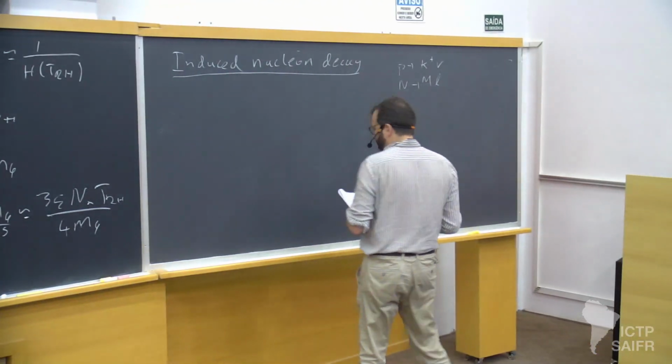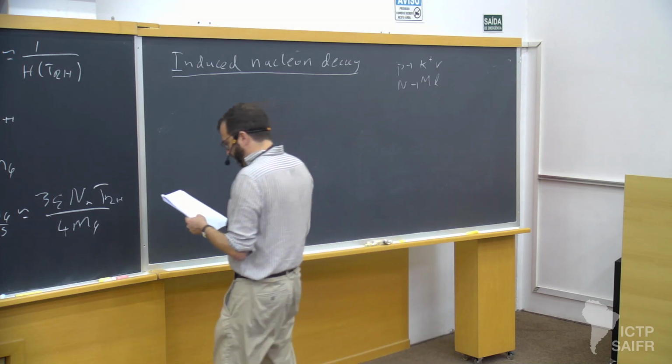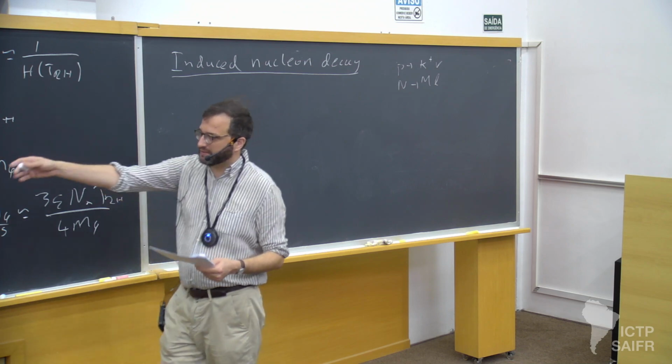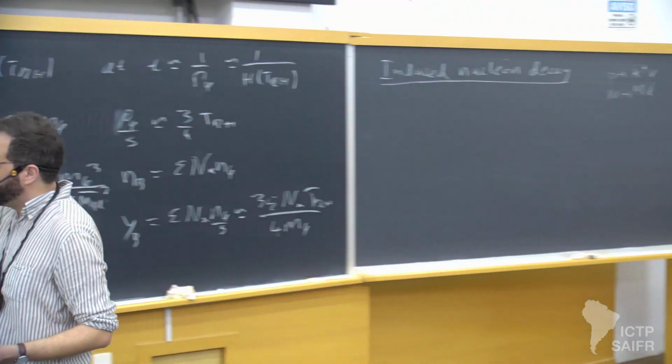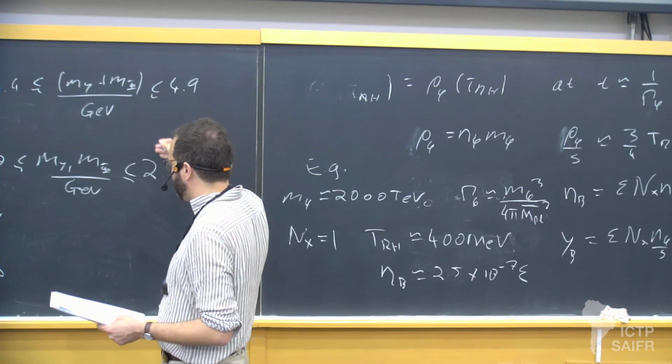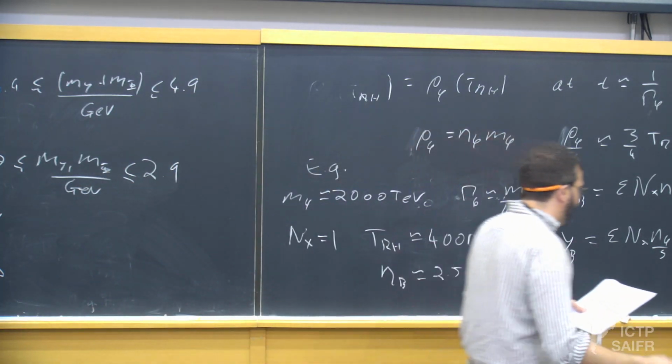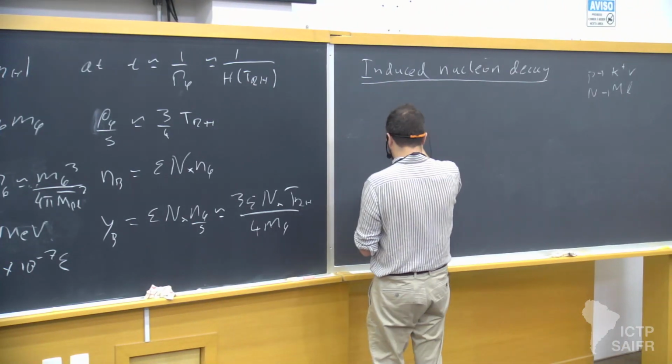But here, we have induced nucleon decay instead. So we chose the masses so that nucleon decay would be impossible kinematically in this theory. But we still have the dark matter particles around in the halo today.